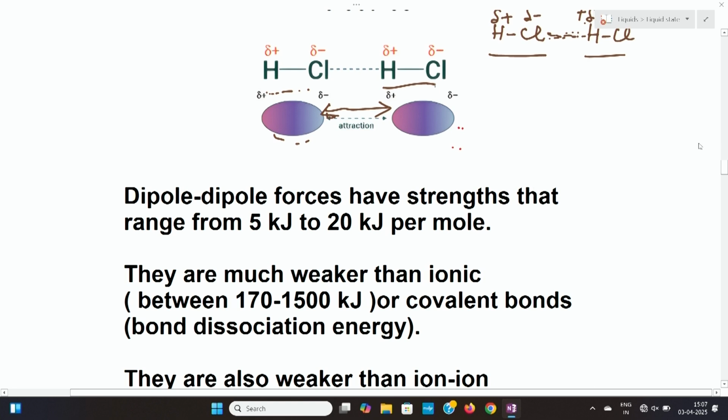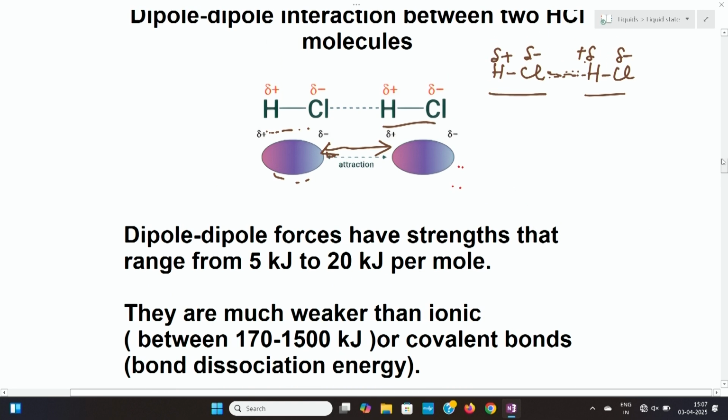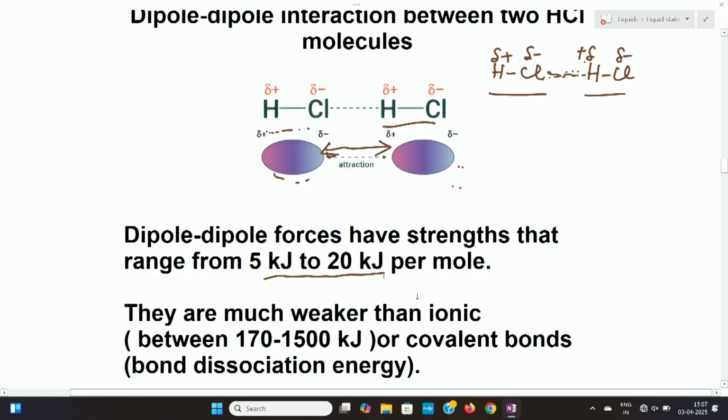The strength of this force ranges from 5 kilojoule to 20 kilojoule, and this force is less than the force in covalent bonds, or bond dissociation energy. That means we understand that these dipole-dipole interactions are weaker forces compared to covalent bonds.